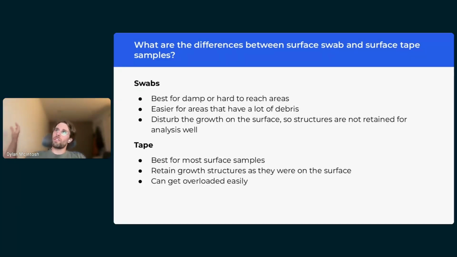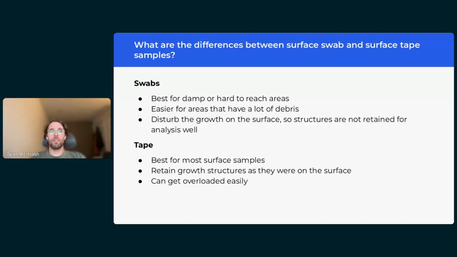If there are structures on the surface you're testing, the tape actually maintains how they appear on the surface. So we can actually see clusters and hyphae and spores connected. It gives us a better picture of what is actually happening. It is easier for us to determine growth that way.